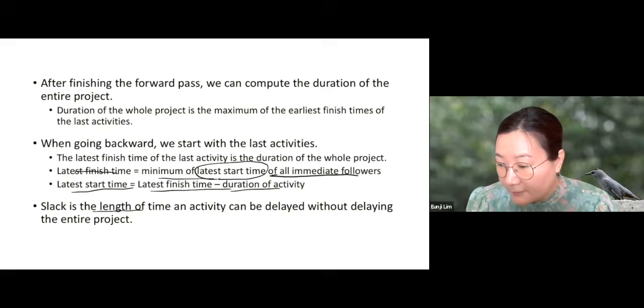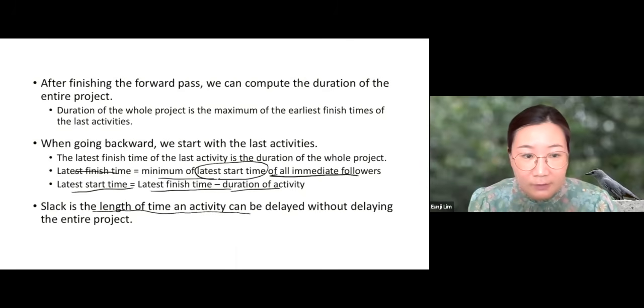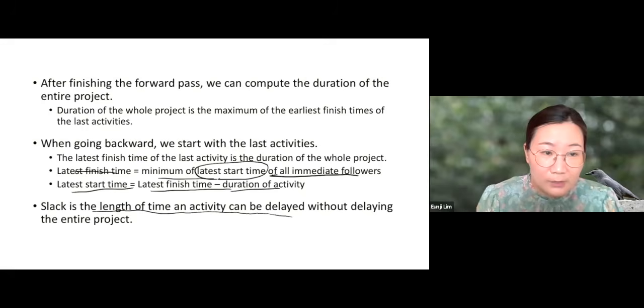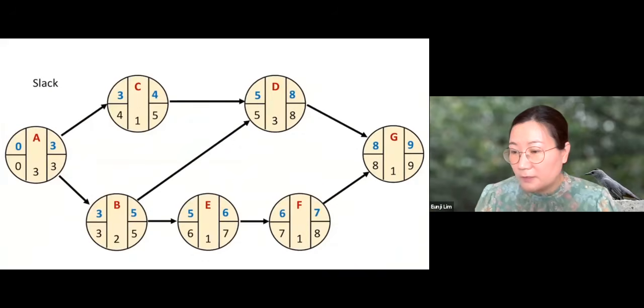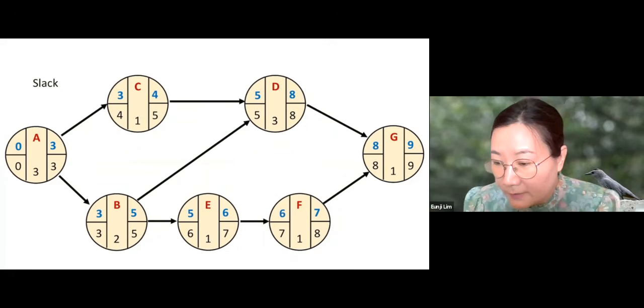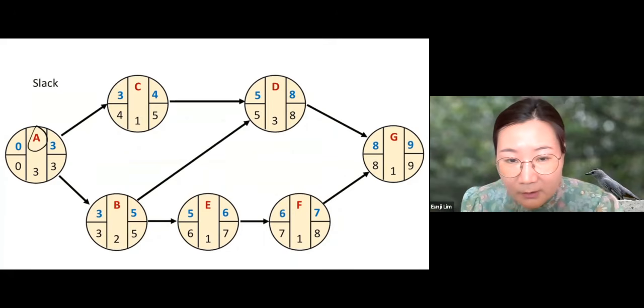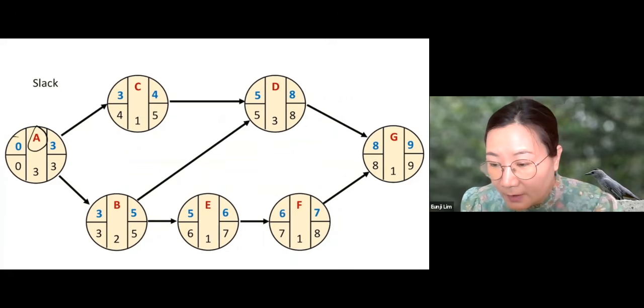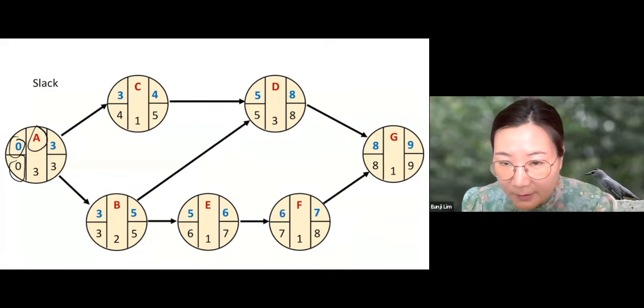Now, what's the slack? Slack is the length of time an activity can be delayed without delaying the whole project. So let's compute the slack time. Let's start with A. Let's compare the earliest start time and the latest start time.